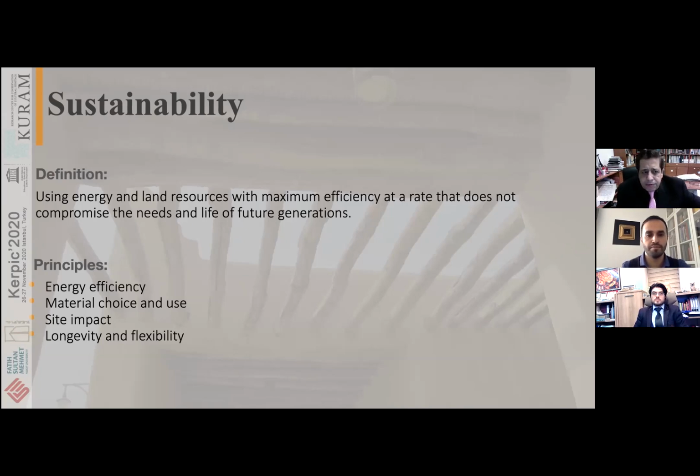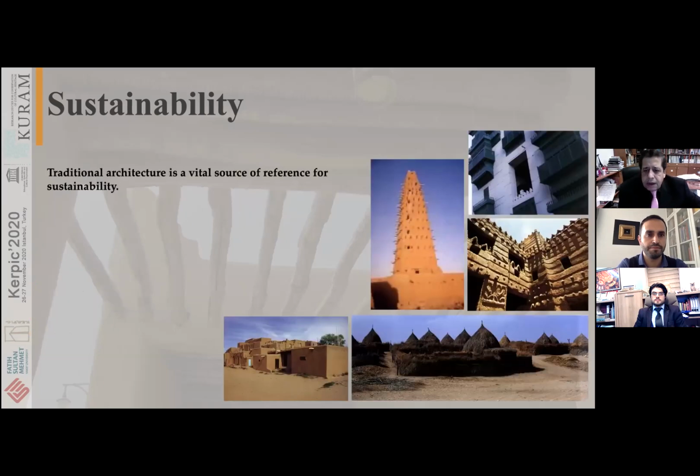The principles of sustainability are energy efficiency, material choice and use, site impact, and longevity and flexibility. Everybody agrees that sustainability is based on traditional architecture. Traditional architecture is a vital source of reference for sustainability.